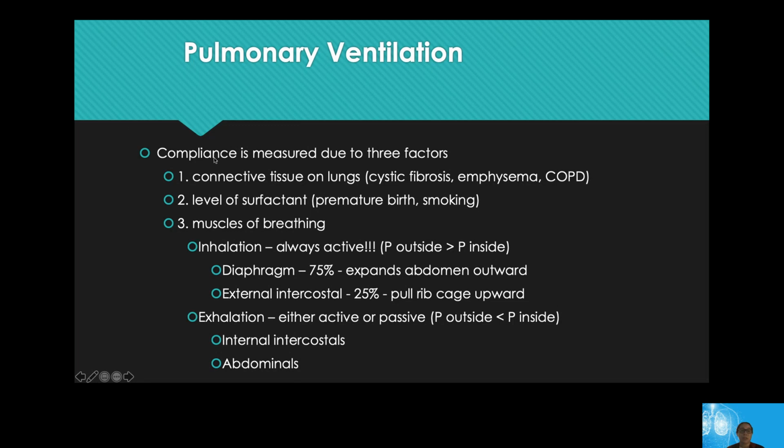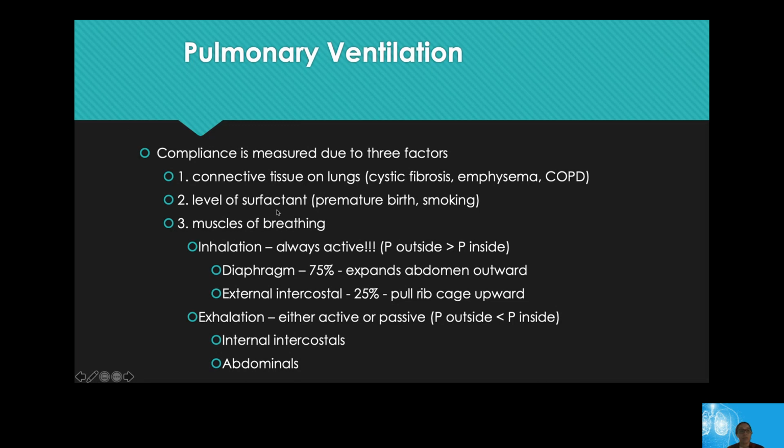So compliance is measured with three different factors. First one is the amount of connective tissue in the lungs. If there's an extensive amount of connective tissue, the lungs can't expand as well. So conditions like cystic fibrosis or emphysema, long-term COPD, can cause connective tissue levels to rise.